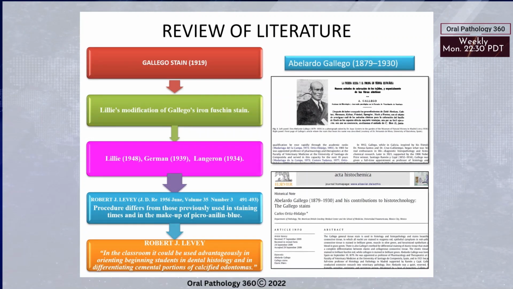So let us see the review of literature. So first the stain was used by Gallego in 1919. Then Lilly's modification on Gallego stain, Gallego's iron fuchsin stain, was reported. Then Lilly, German and Langeron modified again the stain because this stain was used only for elastic fibers and reticulin fibers.